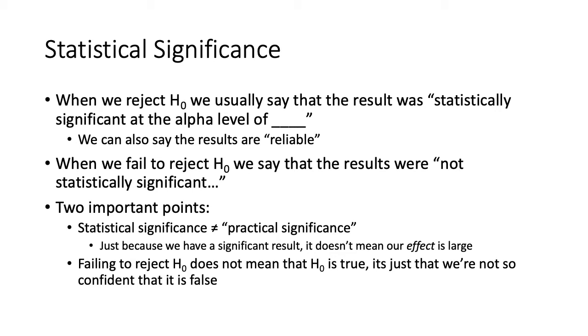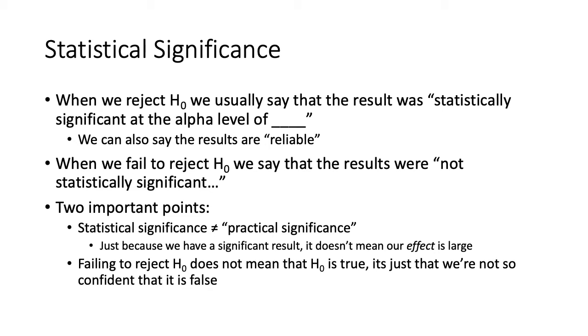We can reject the null hypothesis, which means that we have a statistically significant effect, if the probability of our experimental results under the assumption the null hypothesis is true is low, less than alpha. The opposite is true. If the probability of our results under the null hypothesis is not less than alpha, we can't reject it and we have a non-significant, or not statistically significant, result.